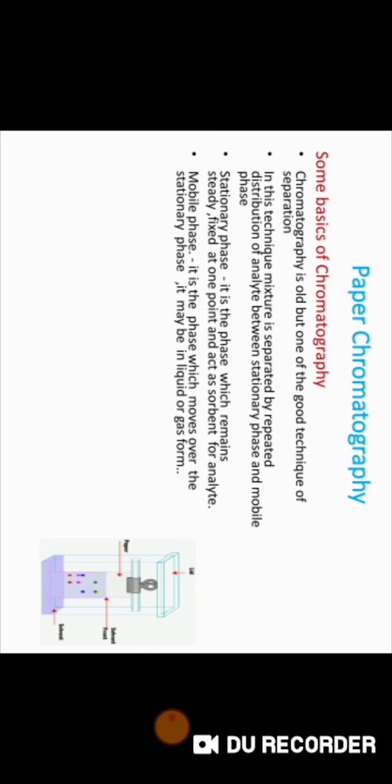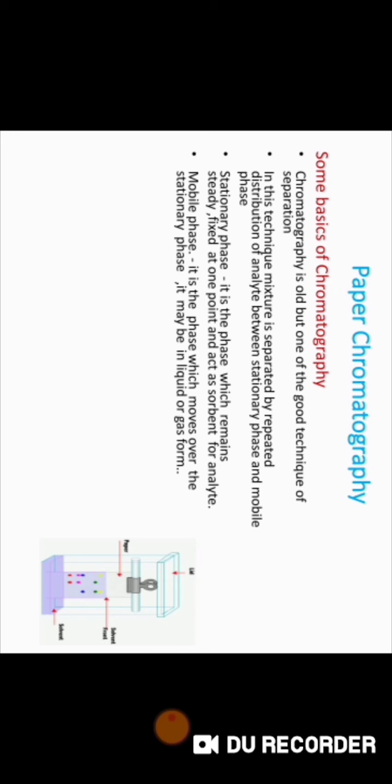Next we have the mobile phase. It is a phase which moves over the stationary phase, travelling from one end to the other. It may move from top to bottom or from bottom to top, depending upon the type of chromatography.